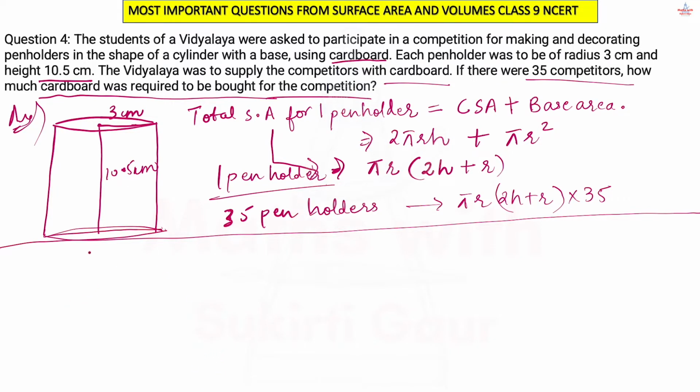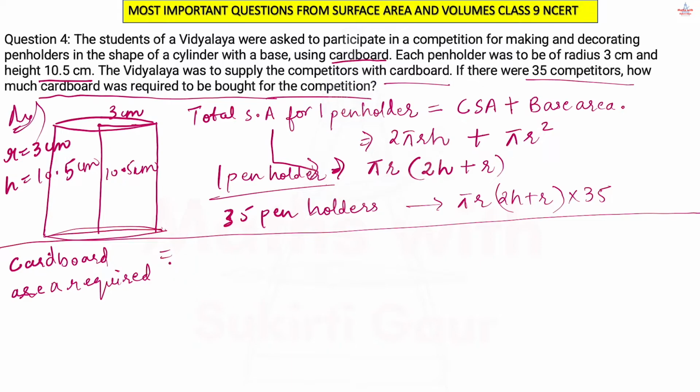Let us solve now. Take all the values. You have r equals 3 centimeter, h equals 10.5 centimeter. Cardboard area required equals, now solve, pi r into 2h plus r into 35, right?